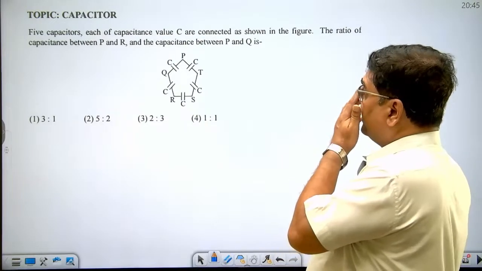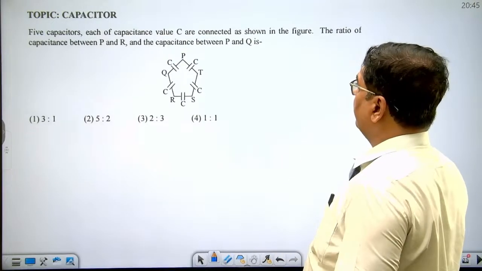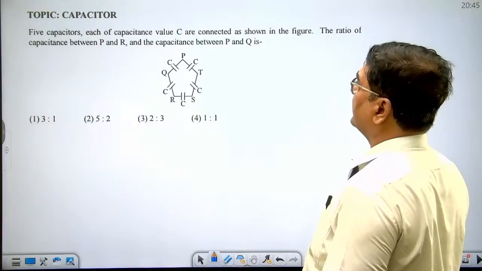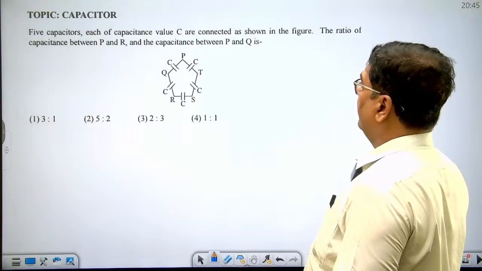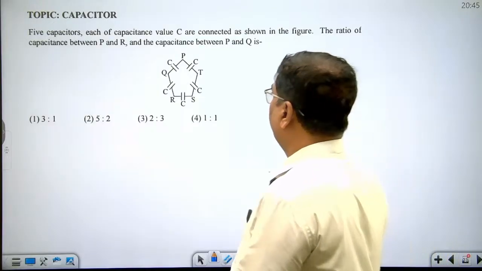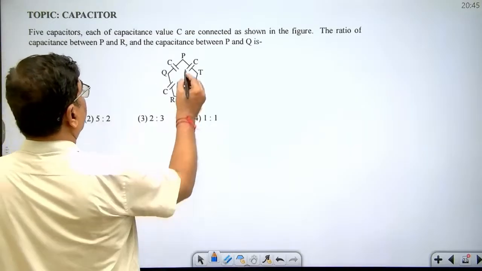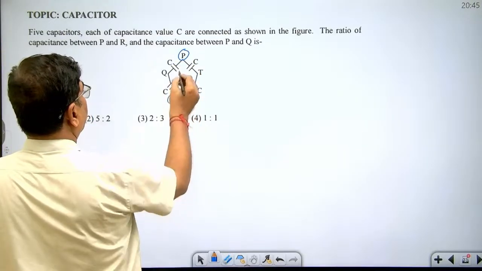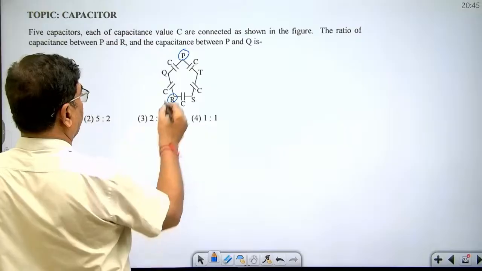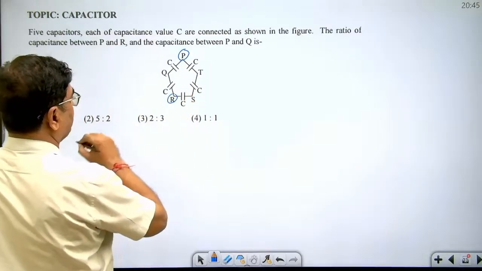Now, dear student, five capacitors, each of capacitance value C, are connected as shown in the figure. Find the ratio of the capacitance between P and R and the capacitance between P and Q. First calculate between P and R. This is P and this is R. These two C's are in series, and these are in series.